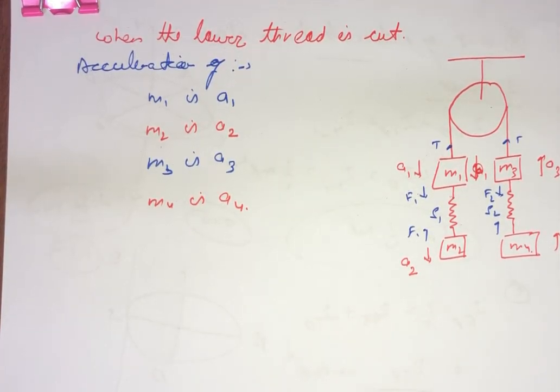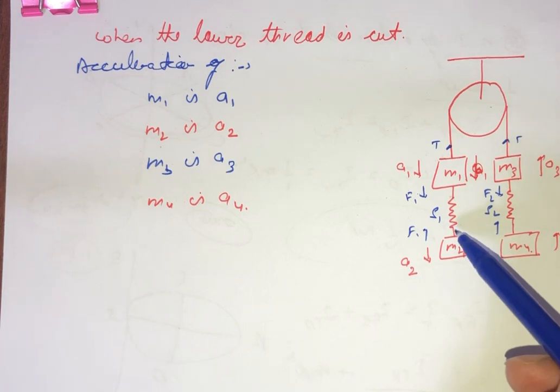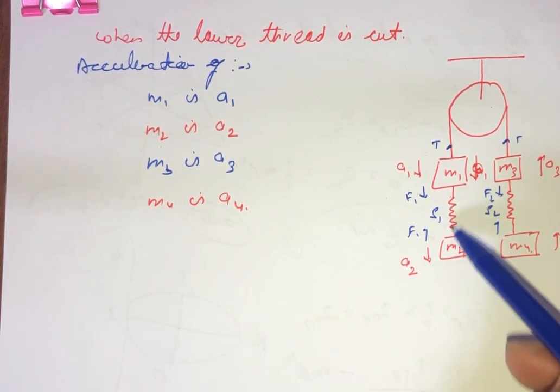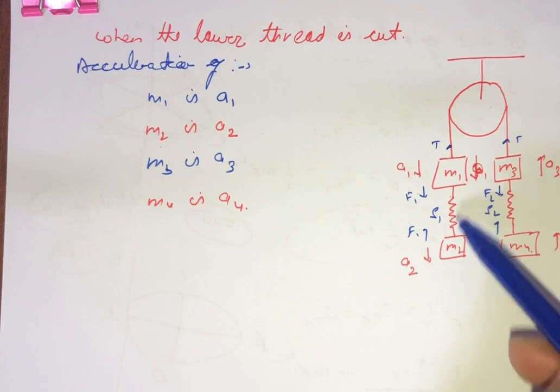Now the important property of the spring is that there are no sudden changes in the spring. So we can say at T minus and T plus, the situation in the spring for the instant remains the same. So there is no sudden change in the spring.